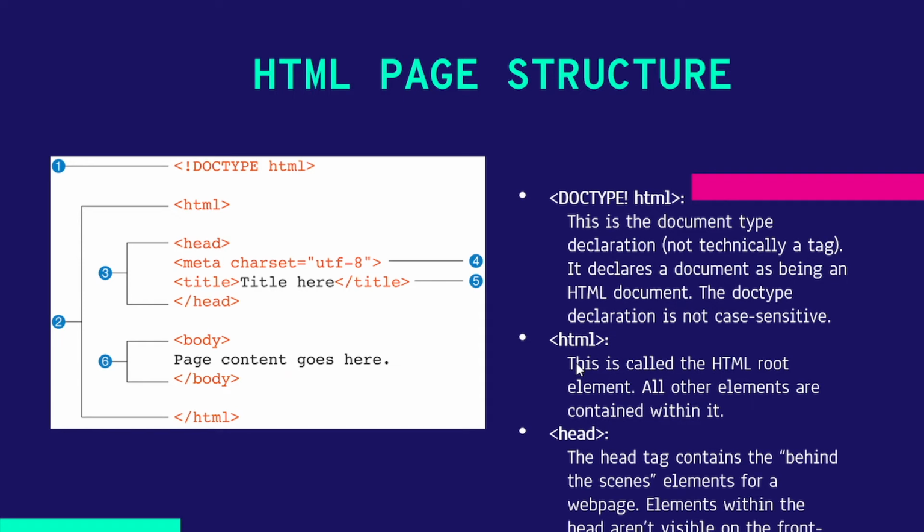Then the HTML tag comes, which is the root element of all the elements. All the HTML elements will be contained in this HTML tag, which is the second element. Inside that, the head tag comes, which is the behind the scenes. It works like if you want to fetch some data from a CDN or anywhere, you will be doing that in this head.